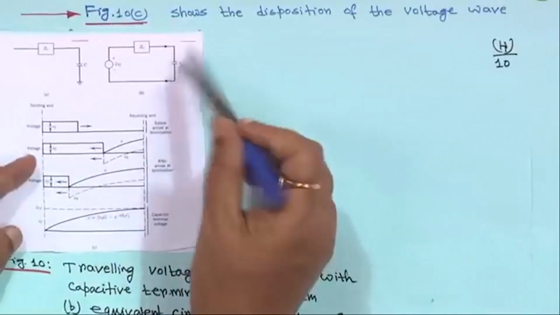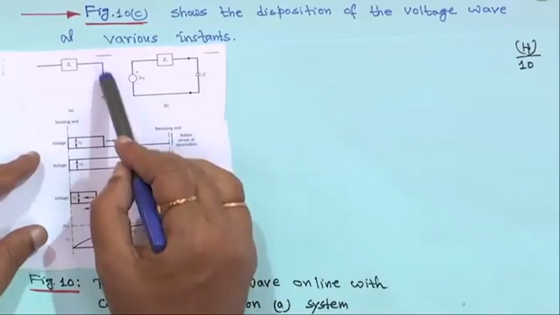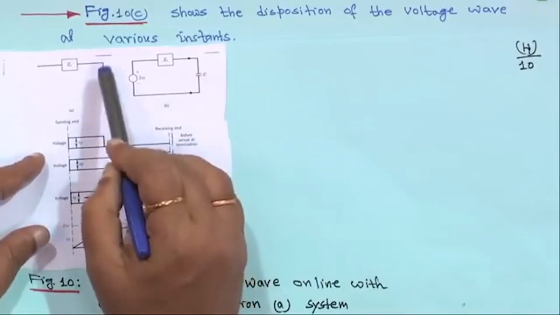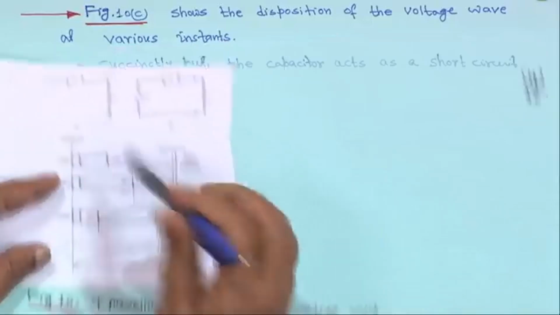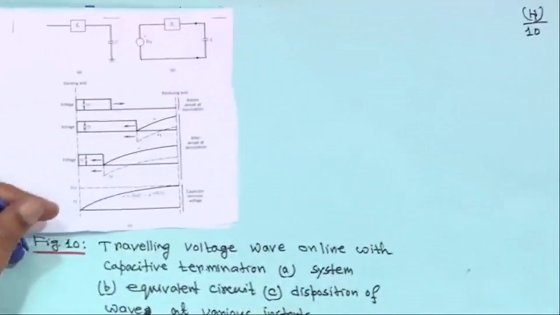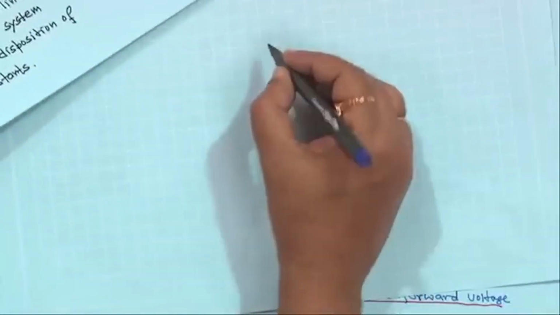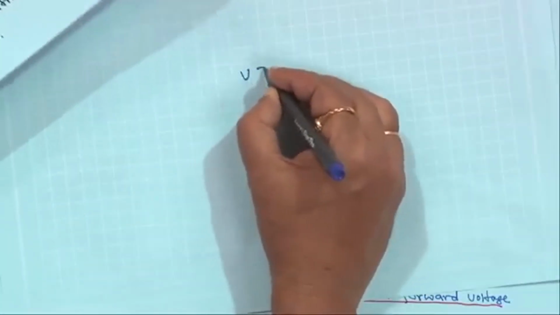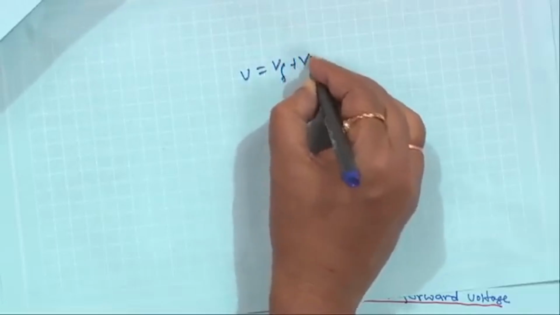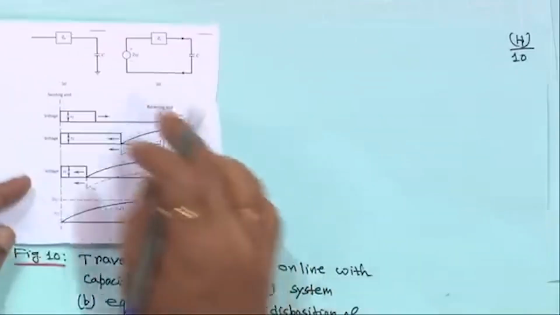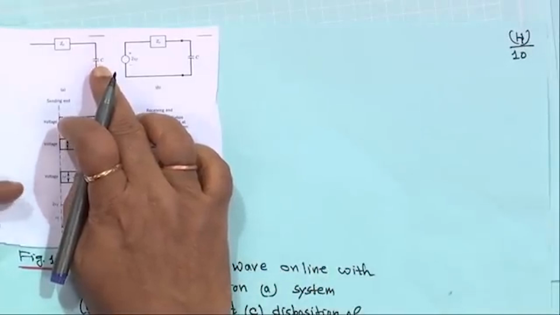That means when the travelling wave is arriving here, the capacitor is short circuited. We know that V is equal to V A plus V B, but when the travelling wave arrives, the capacitor behaves as a short circuit.